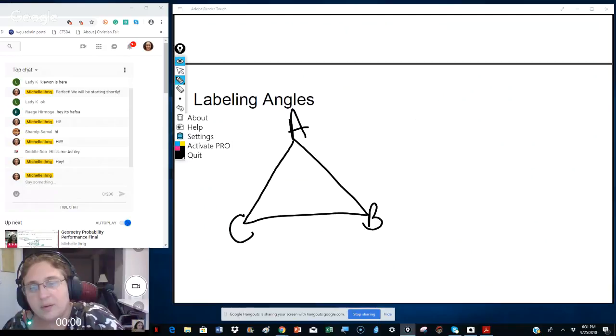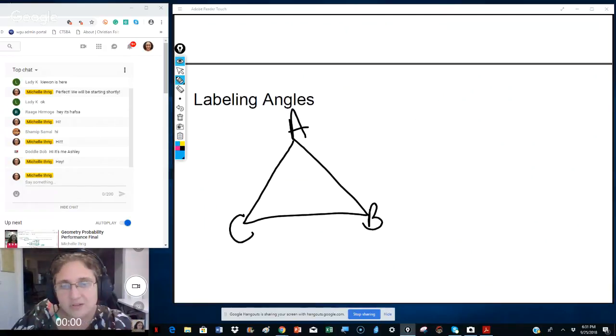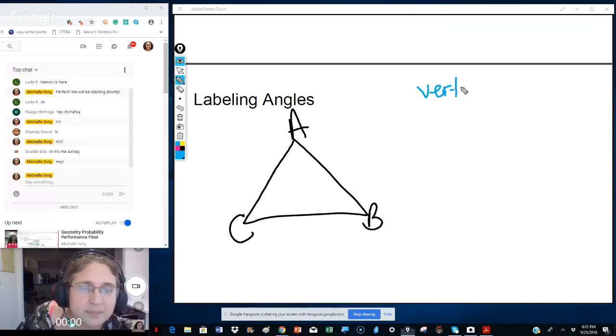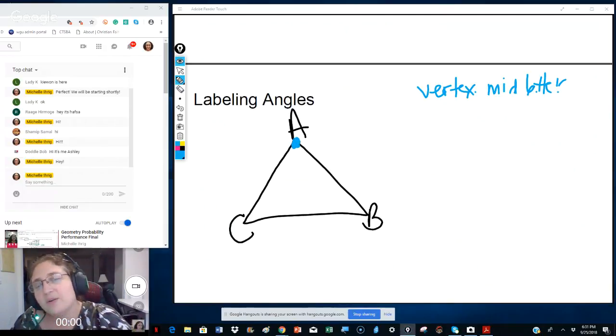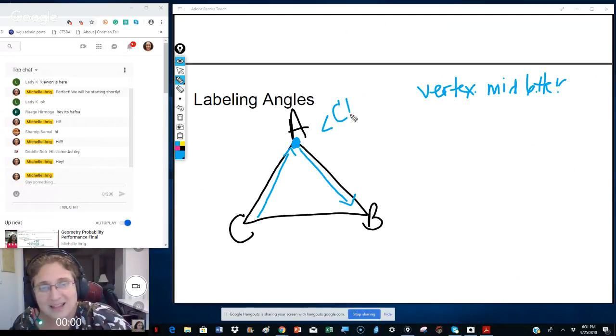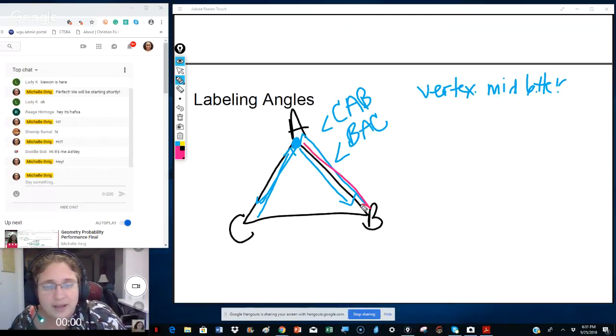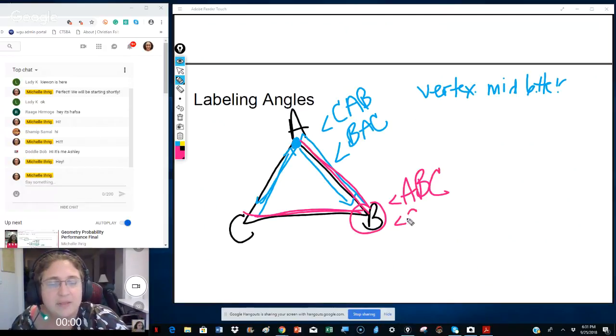The most important thing about labeling angles is to make sure that the vertex is the middle letter. The vertex is the point. So if I have this angle right here, this can either be C, A, B, like cab, it could be taxi cab. Or it could be B, A, and then C. Here, I could do A, B, C, or I could do C, B, A. They mean the exact same thing.